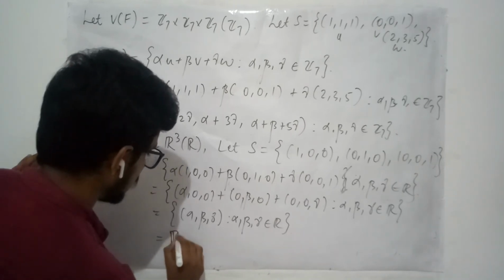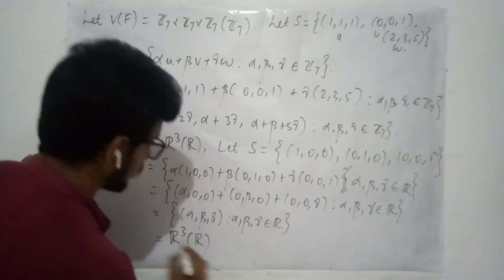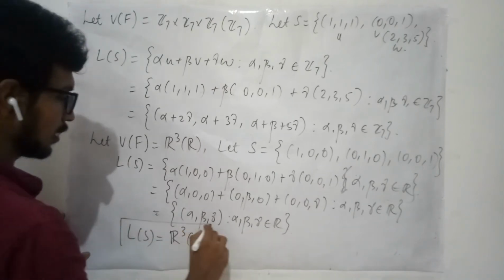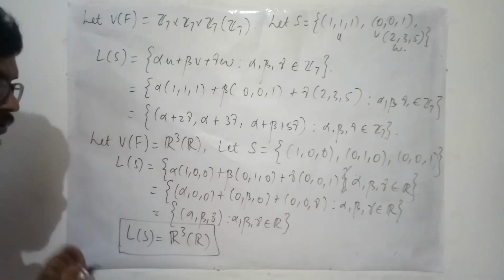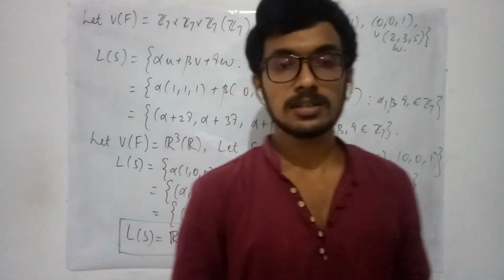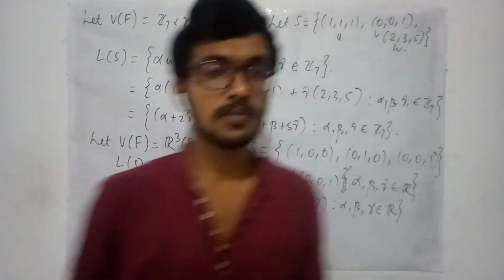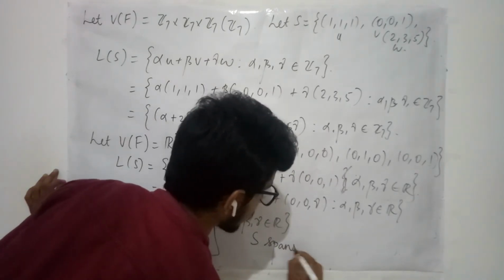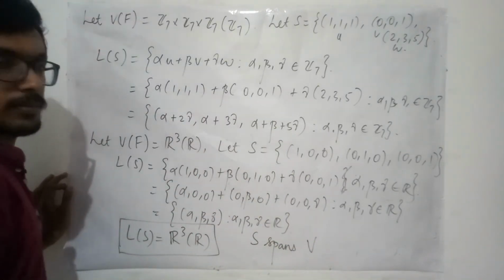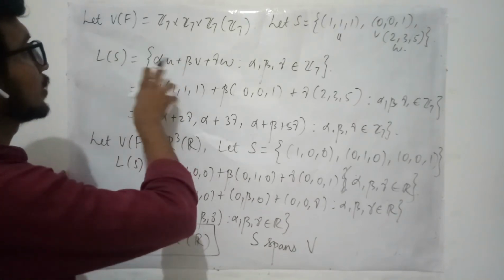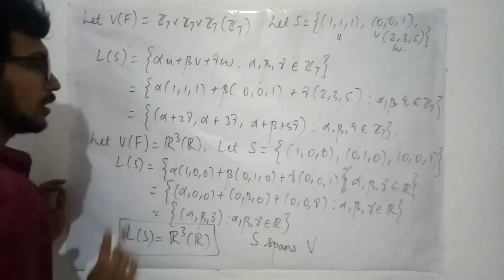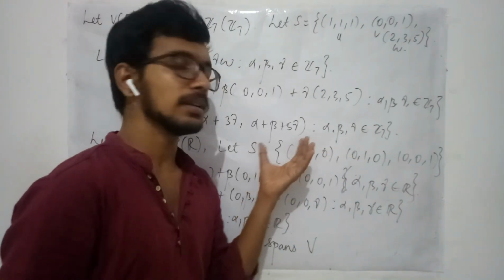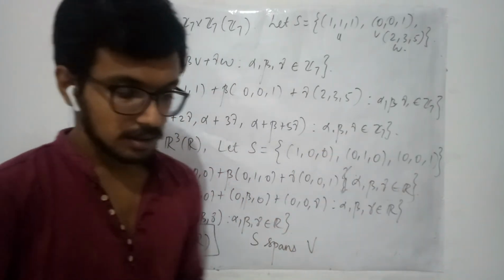This is my entire R3 of R. Here what am I getting? L of S is R3 of R. So when this condition is there, then we say this S spans V. So the entire elements of this V can be written as a linear combination of the elements in S, right?